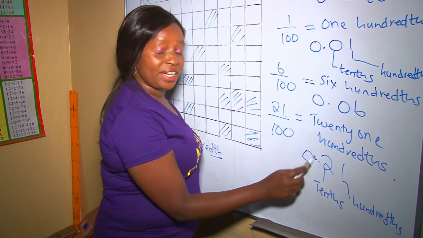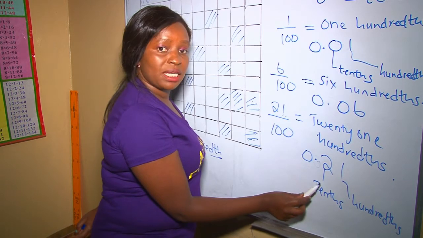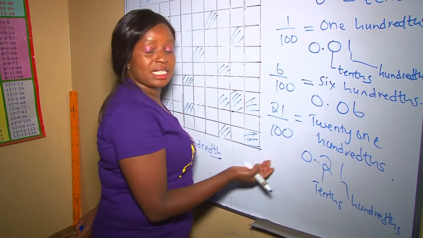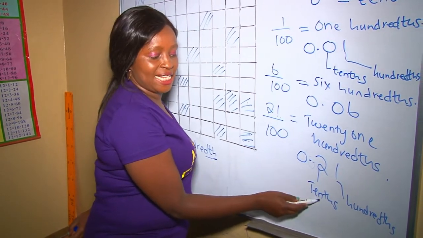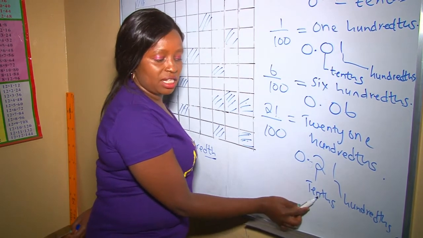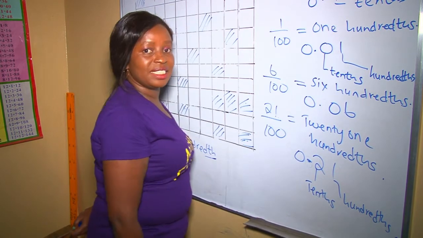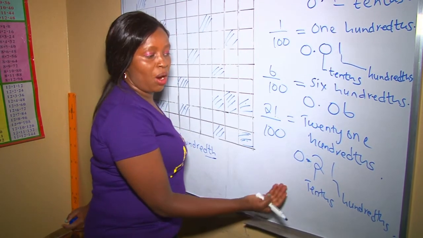So after the decimal point on the right, the first digit's place value is not ones. We don't have ones here. So we have tenths. This 2 is tenths and this 1 is hundredths. And that's how we are supposed to write it in decimal form.